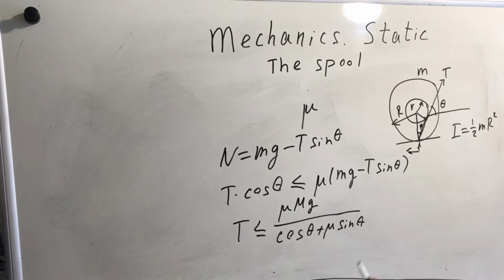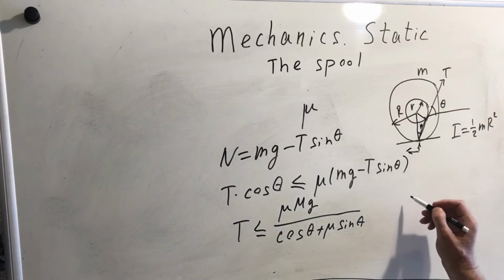If we look at this expression, we see that the smallest possible tension will be when this bottom part has a maximum. This maximum we can find by taking the derivative, but also we can use trigonometry.